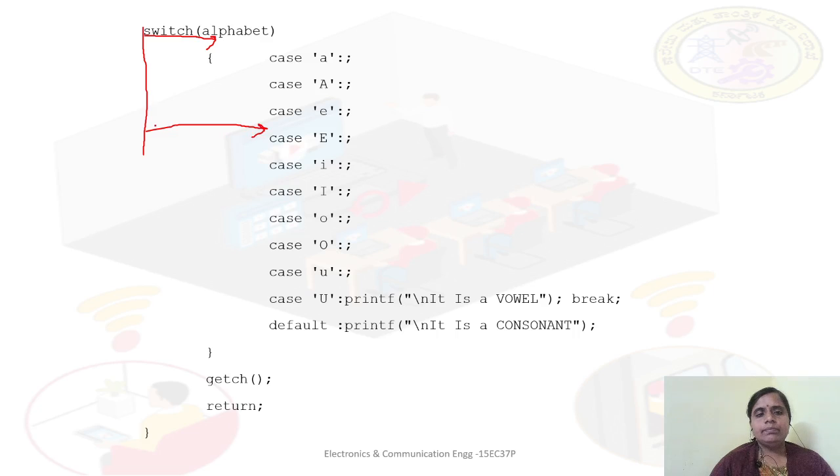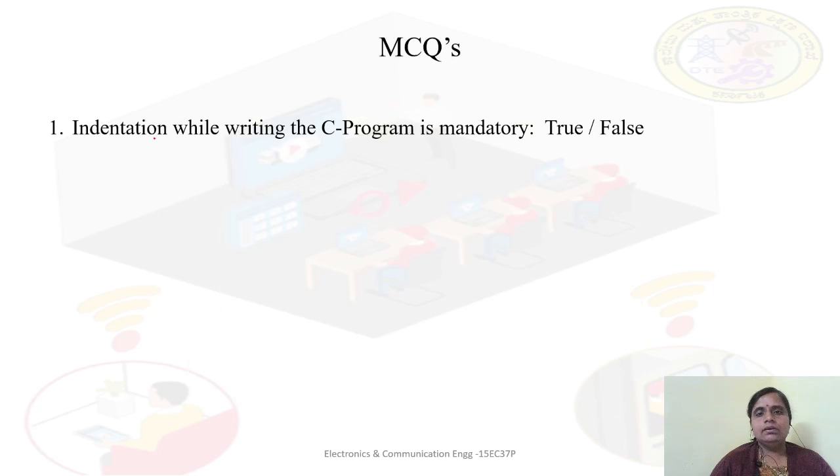Whether it is compulsory, whether it is mandatory. So in your C program, indentation is not at all mandatory. We use the indentation in order to have the clarity of our program. So that's why the indentation is not necessary in C programming. So here this statement is false.